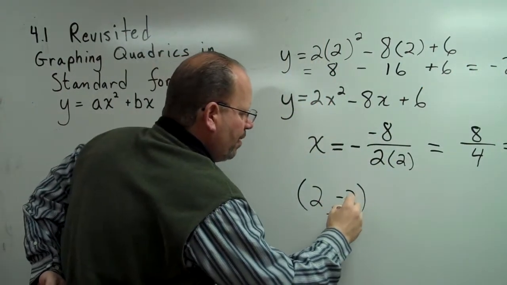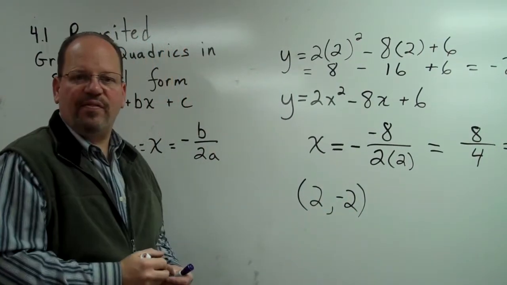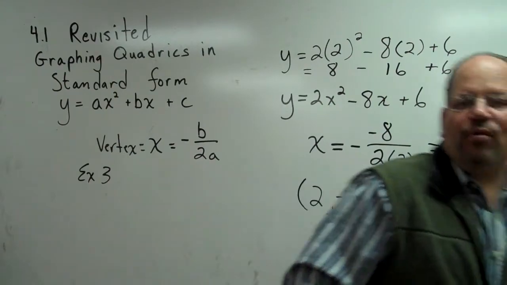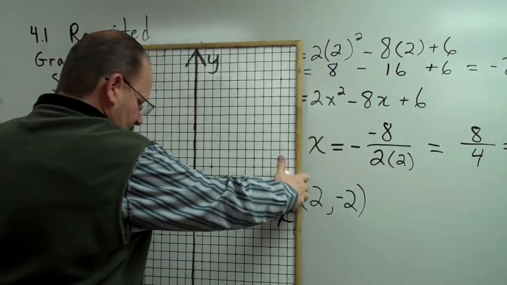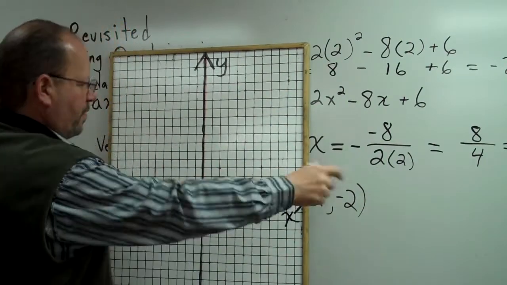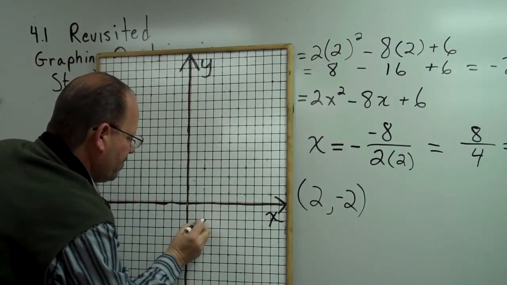We find that when x is 2, y is negative 2. And then we can graph the vertex of our parabola at the point 2, comma, negative 2.